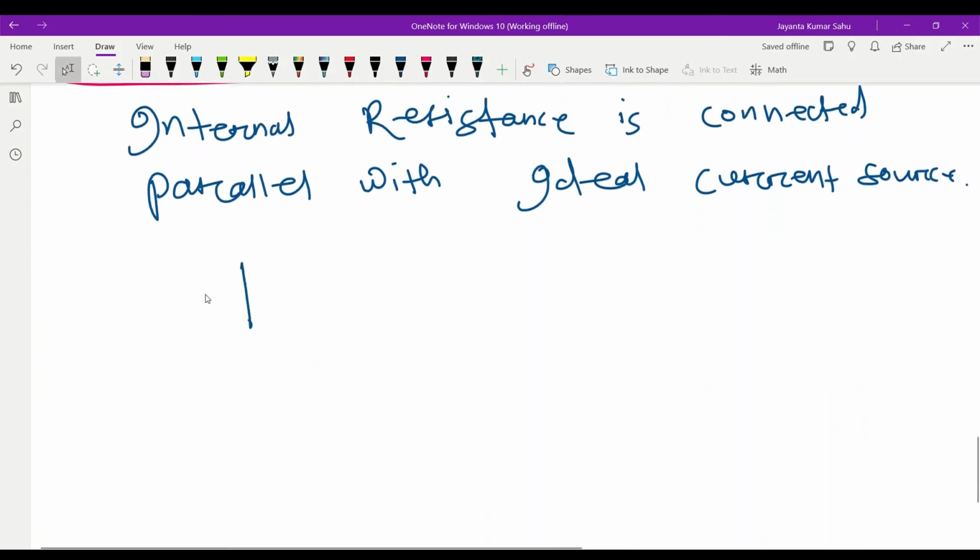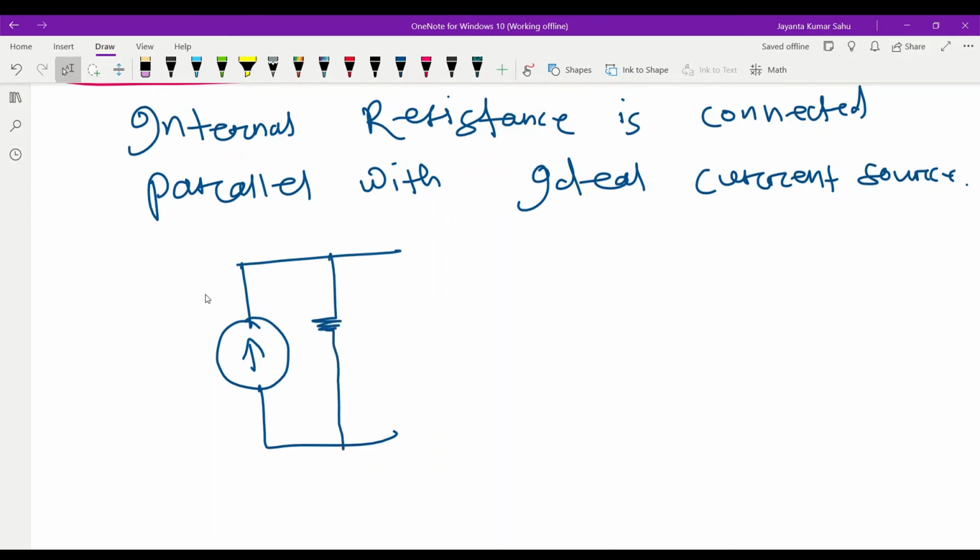This is the ideal current source. Current direction is down to up. Here there is an internal resistance. This internal resistance is connected parallel with the ideal current source. Is, here Rs. Current is flowing in the terminal voltage.